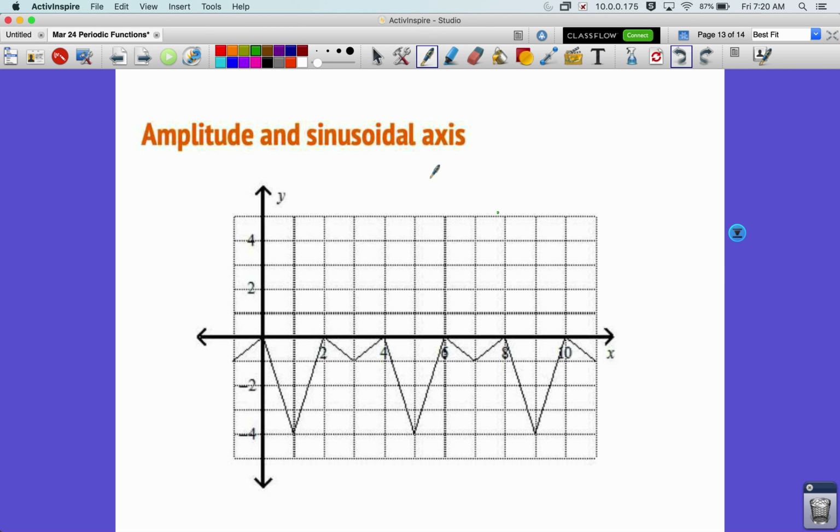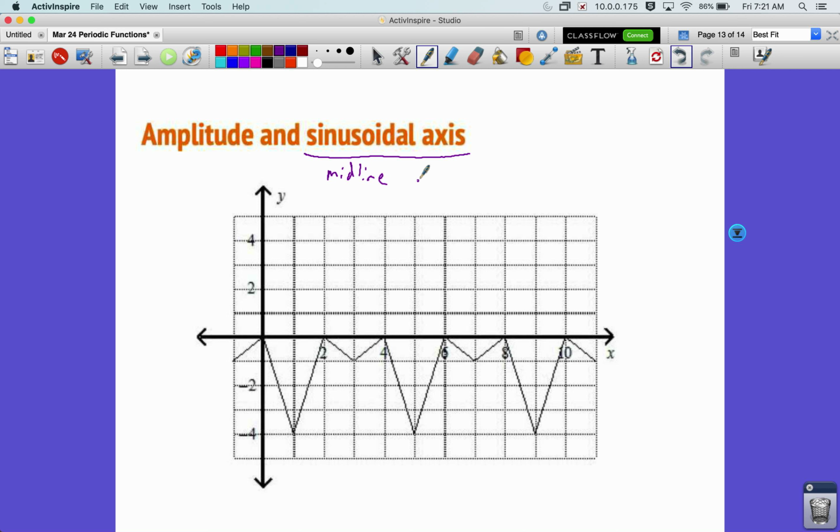All right, 2 more vocab words, then we're going to be done. Amplitude and sinusoidal axis. All right, we'll start with that sinusoidal axis. That's kind of a long word. There's a much simpler word for it, and that is the midline of our function.